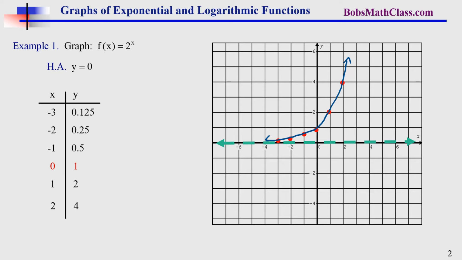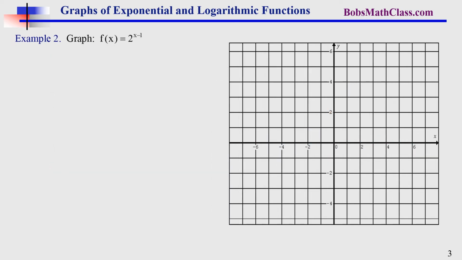All right, let's do another one. This one's almost the same, f of x equals 2 to the power x minus 1. Again, there's no number outside, there's no value of k, so in this case k is 0. So that's our horizontal asymptote again.